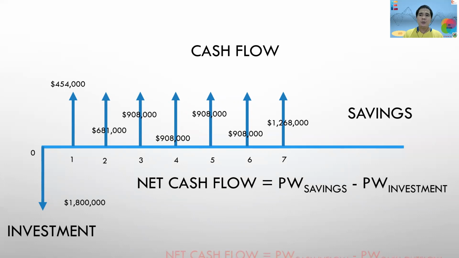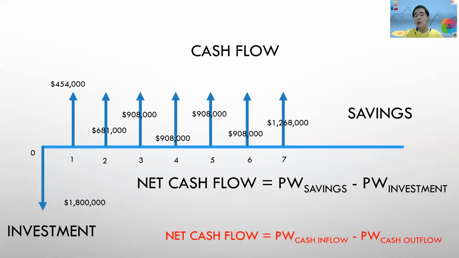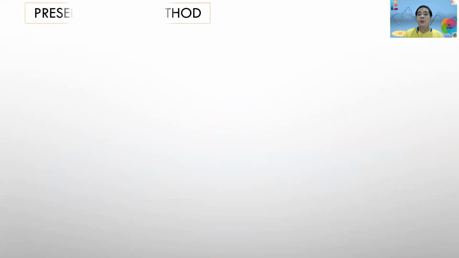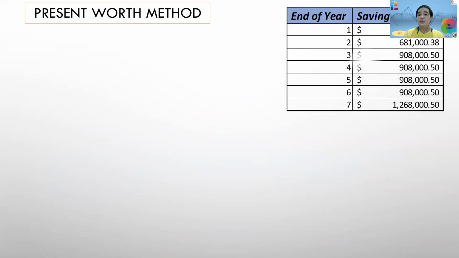When you say present worth, it refers to all of the values at year 0. So net cash flow is equal to the present worth of cash inflow minus the present worth of your cash outflow. Now, we can proceed to solving your provided equations.